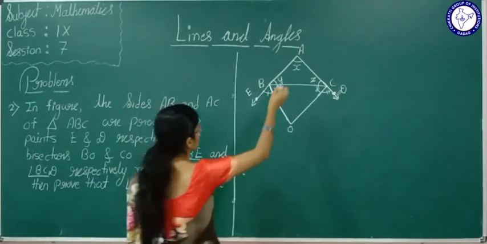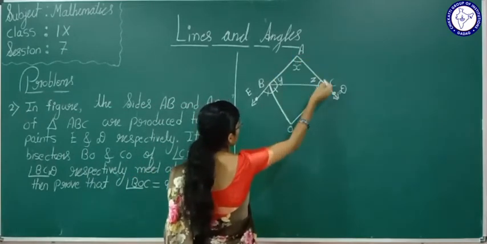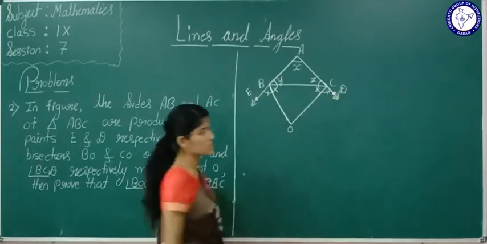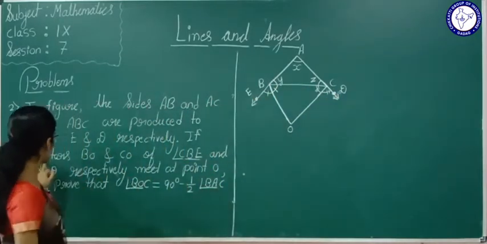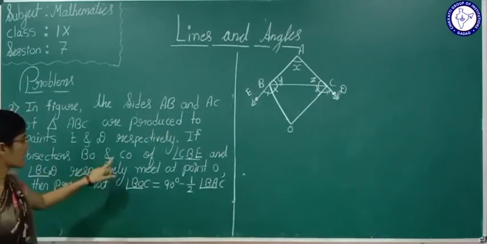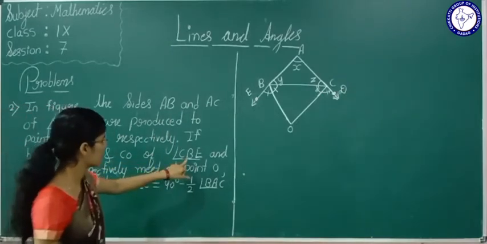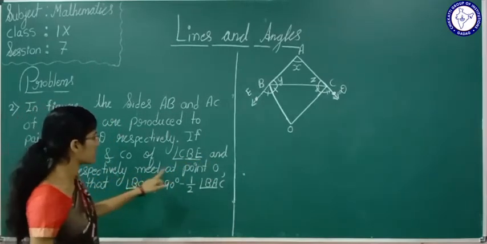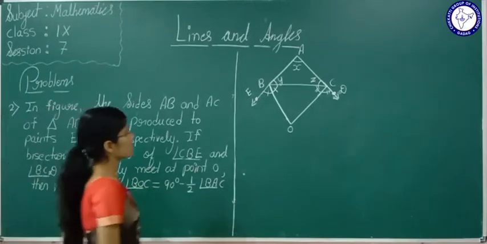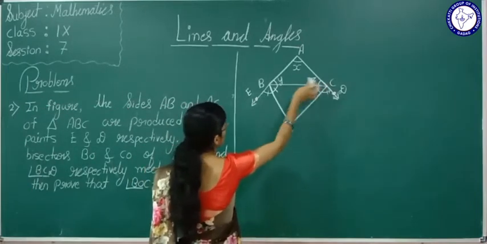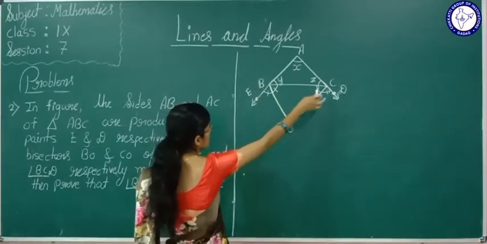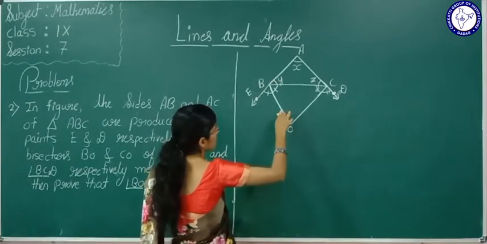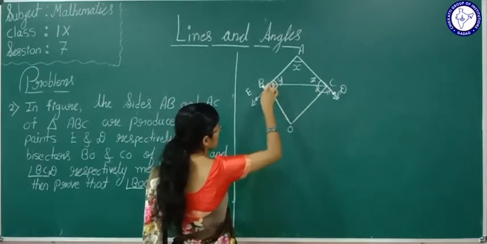The bisectors BO and CO of angle CBE and angle BCD respectively meet at point O. BO is the bisector of angle CBE, and CO is the bisector of angle BCD.